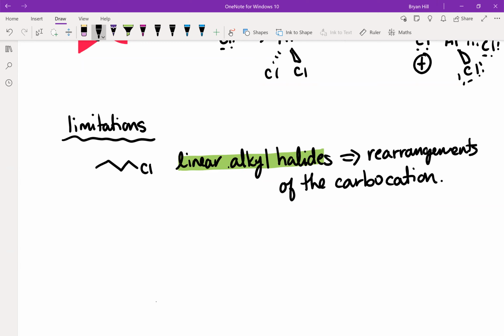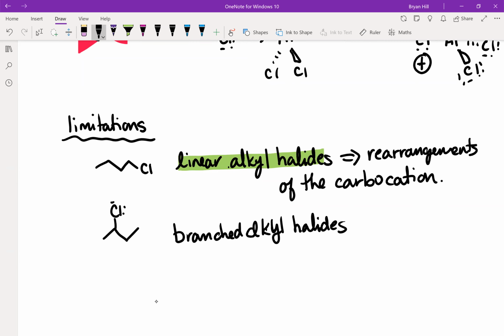For branched alkyl halides, I can't spell this morning. So something like this. Secondary or tertiary. This works well.